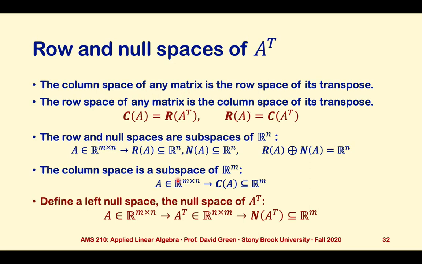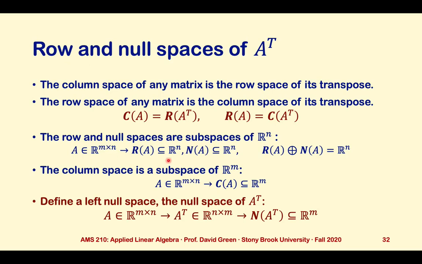So far, the only subspace we've defined of Rm is the column space. In some cases, the column space might be all of Rm, but what about the cases where it's not? Is there an analogous subspace to the null space that completes Rm along with the column space?